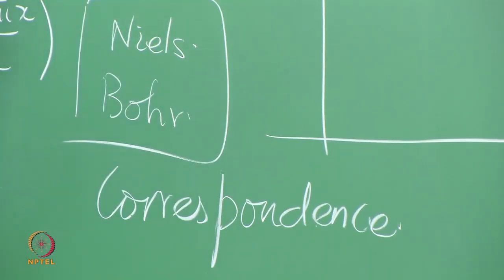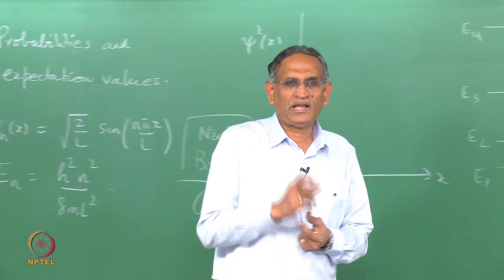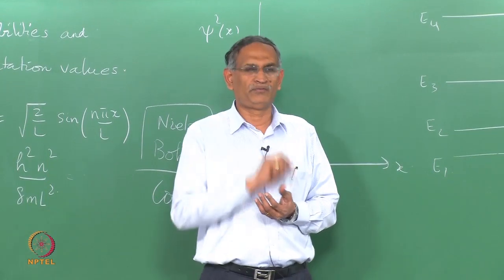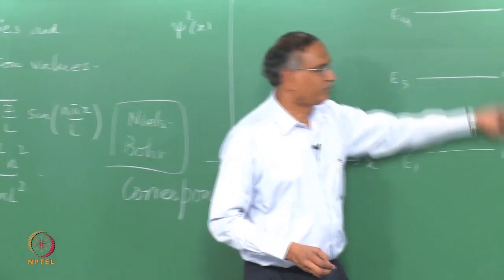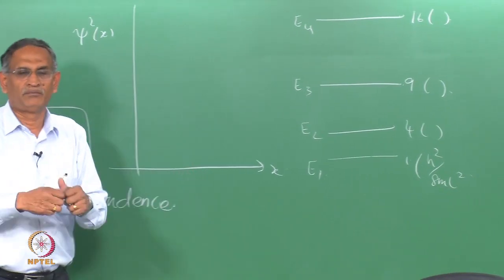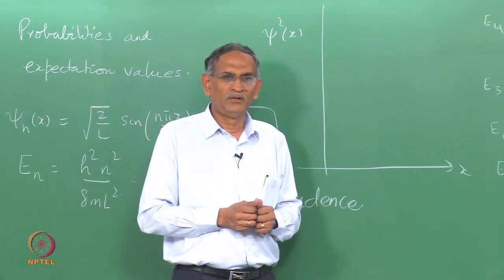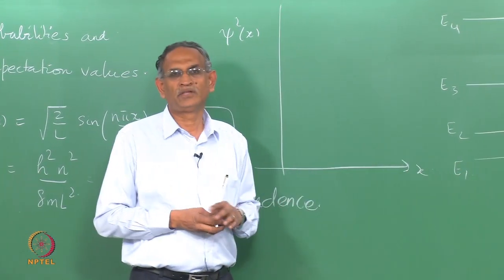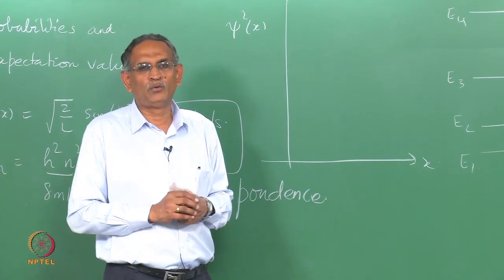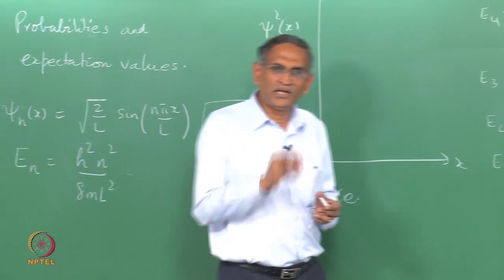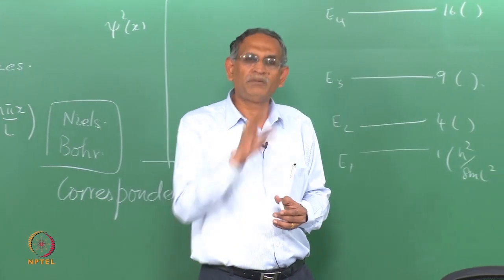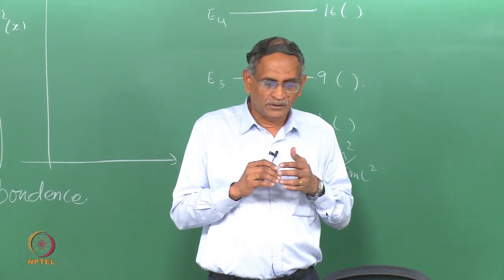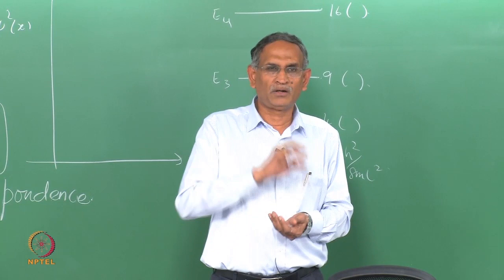The correspondence principle is that quantum mechanics approaches classical mechanical predictions for very, very large values of the quantum number, as in this case, for very large particles of macroscopic size. Then quantum effects are less and less important, and that is why we were never able to discover quantum mechanics until we started looking at atomic details more and more closely. So this is the association that I would like you to have with the particle in a box model.